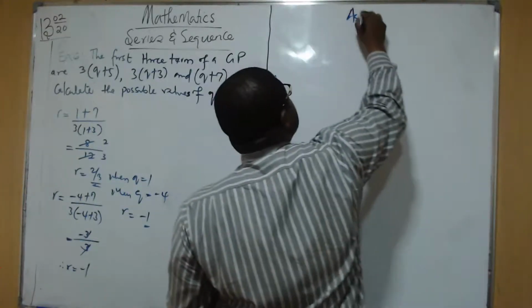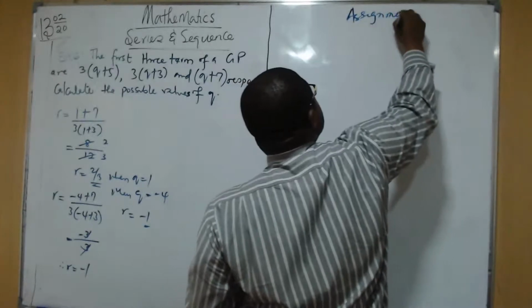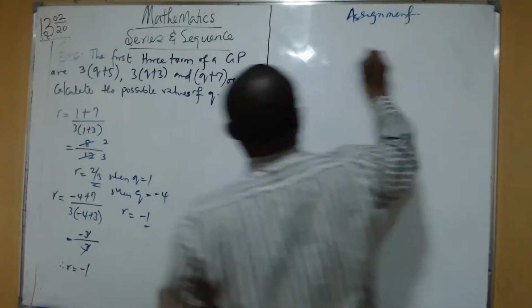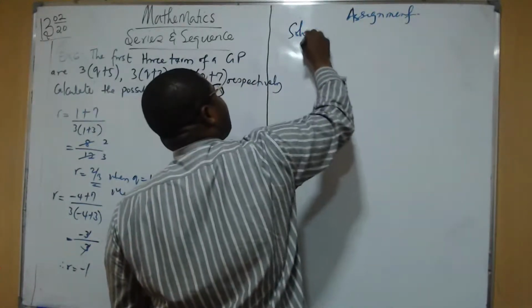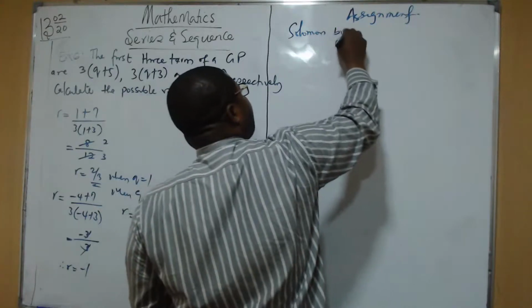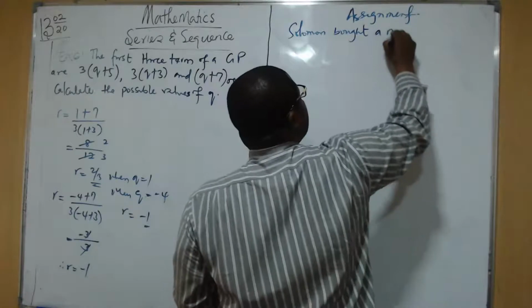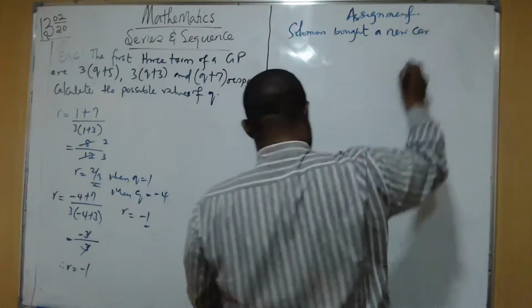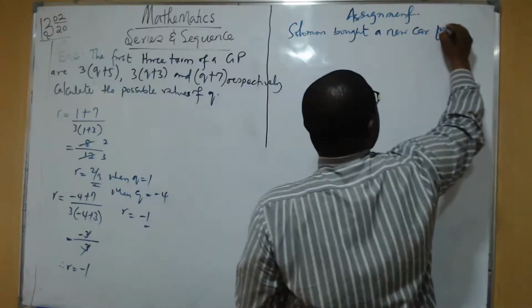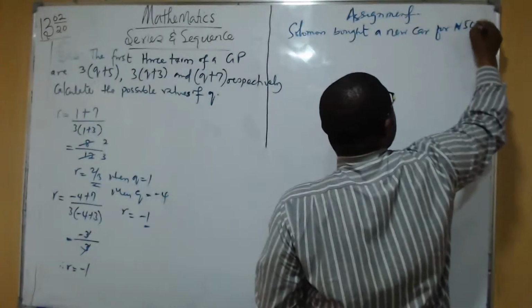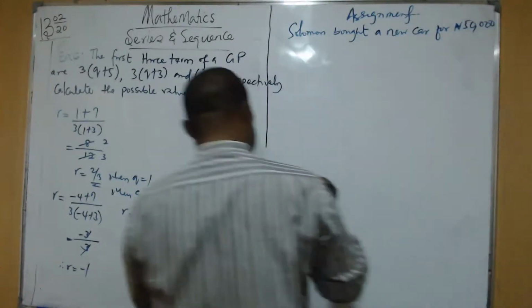It says: Solomon bought a new car for 50,000 naira.